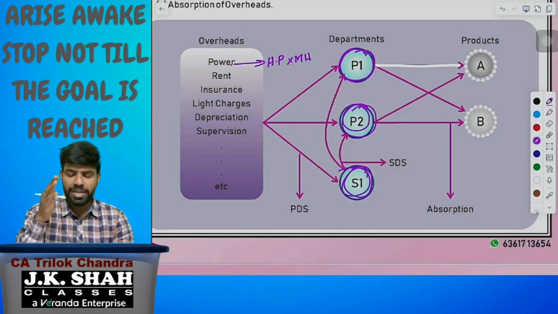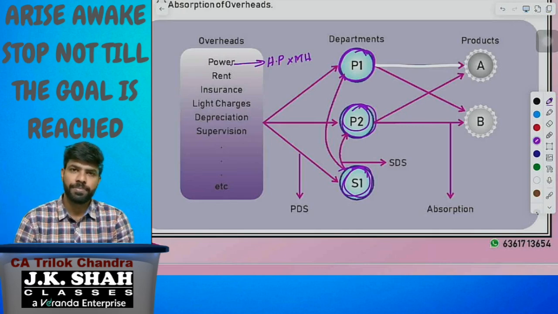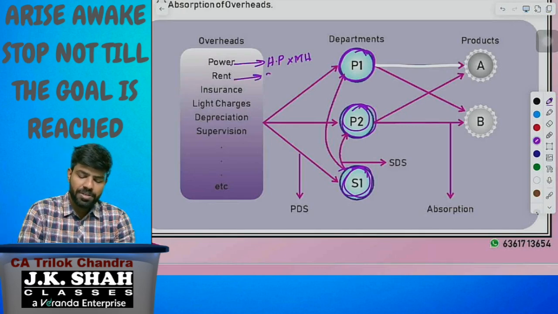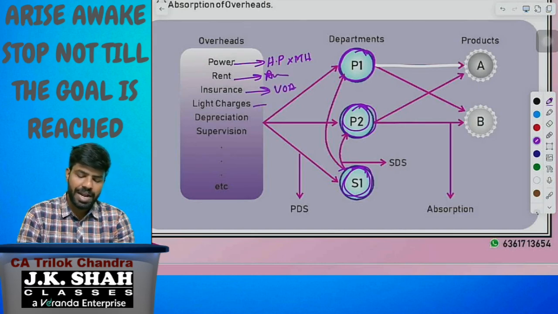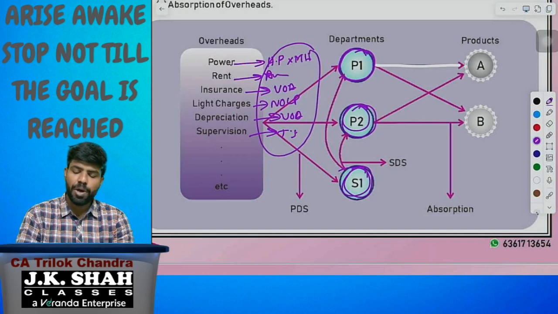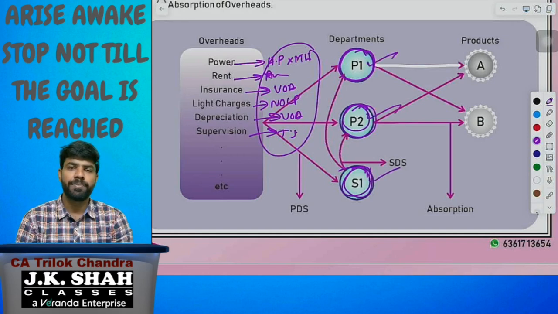If they give both, take horsepower machine hours, or horsepower hours. Rent: area. Insurance: value of asset. Lighting charges: number of light points. Depreciation: value of asset. Supervision: time spent. By taking a certain thing as the basis, we are going to apportion to P1, P2, S1.